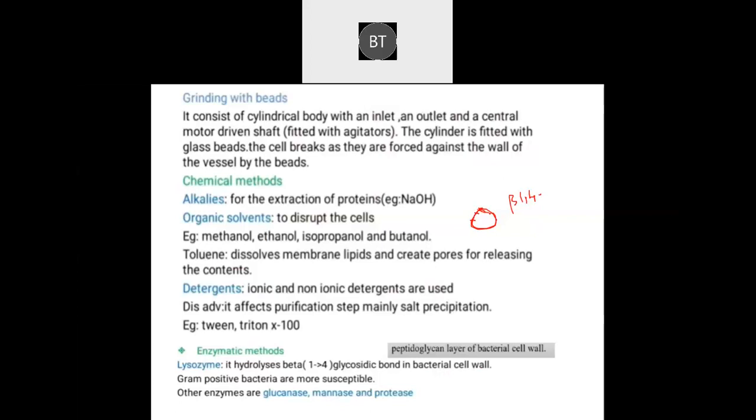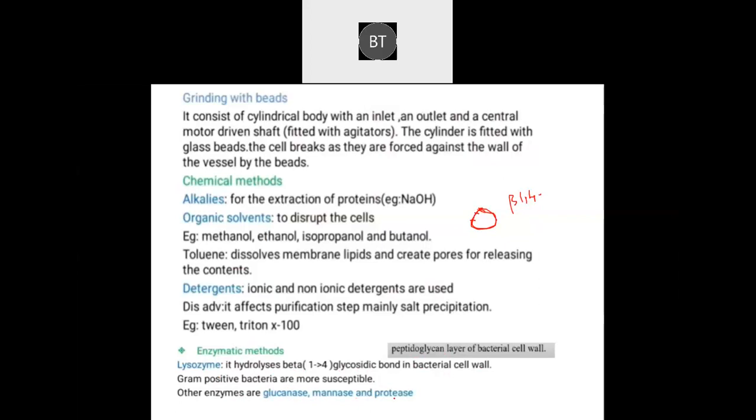As I said, particularly the lysozyme is used for the hydrolysis of the beta 1,4 glycosidic bond present in the cell wall of the bacteria, that is the peptidoglycan layer. Gram positive bacteria are more susceptible, so you can easily cleave them. The other enzymes you can use are glucanase, mannase, and protease. So this is the enzymatic method.